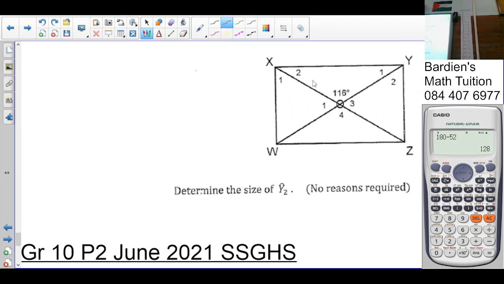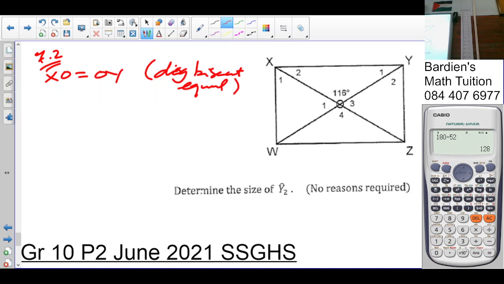When we start, which number is this question? 4.7.2. Firstly, we're going to say that OX is equal to OY, because the diagonals bisect each other equally. Then Y1 is equal to X2.